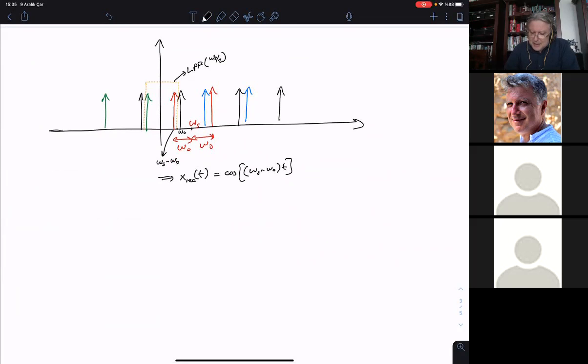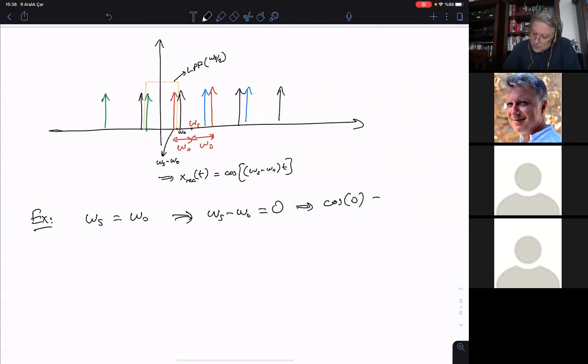So what's happening? A very odd situation happens when omega s is exactly equal to omega 0. Then omega s minus omega 0 will be equal to 0. So everything will be cosine 0, which is 1. That is a constant.